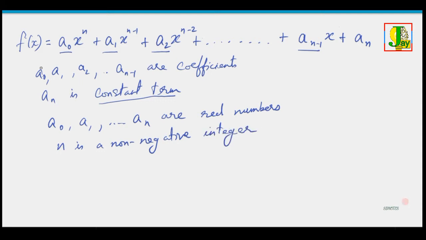So n is a non-negative integer, then this is the polynomial with a variable x. And now the degree of the polynomial is n.